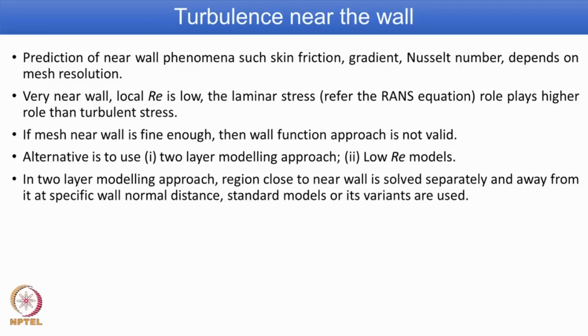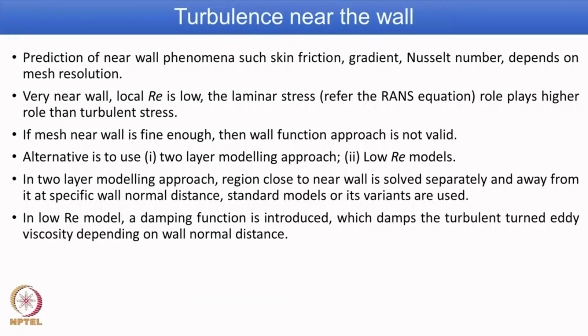Away from that region, at some specific wall normal distance, you can use any one of the standard models or their variants. If you are very near the wall and the local Re is very low, then a damping function is introduced, which damps the turbulent viscosity depending on wall normal distance.